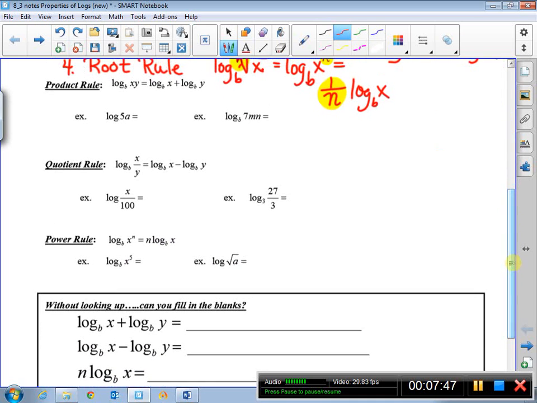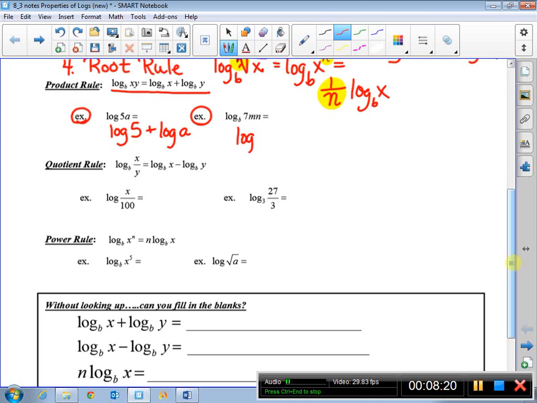Let's go and look at some of the examples. They've shown us the expansion again. Log of x times y is log of x plus log of y. So here's our first example. Log of 5 times a will equal log of 5. Since it's a product, we now add log of a. And you're done. How about the product of 3 terms? 7, m, and n.